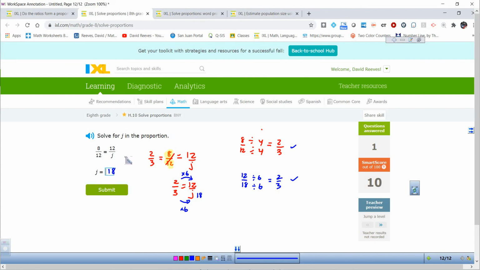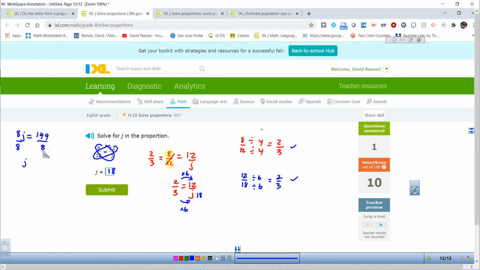So there's some other ways you can do this. Again, many times you will see people do the cross multiplication method. I think I mentioned in a previous video, I'm not a huge fan of this because it does not require any understanding of proportional reasoning. It's just kind of an algorithm you learn. But if the goal is to find what makes it true, learning an algorithm can help you out.